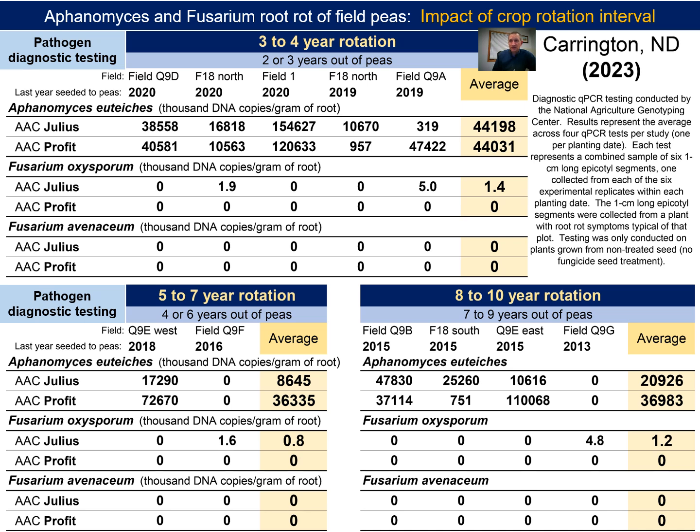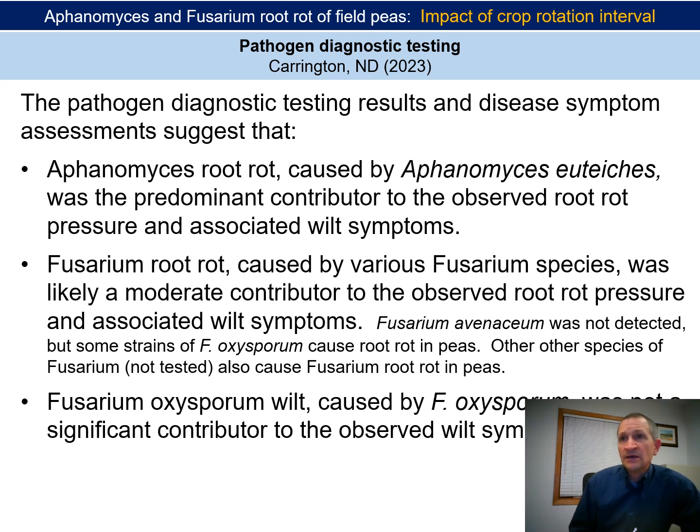You should assume on the basis of this, though, that Aphanomyces appears to be the predominant pathogen impacting the peas in these fields, just like we saw in 2024. Fusarium root rot is likely just a moderate contributor, okay? And Fusarium oxysporum wilt appeared to not be a significant factor.